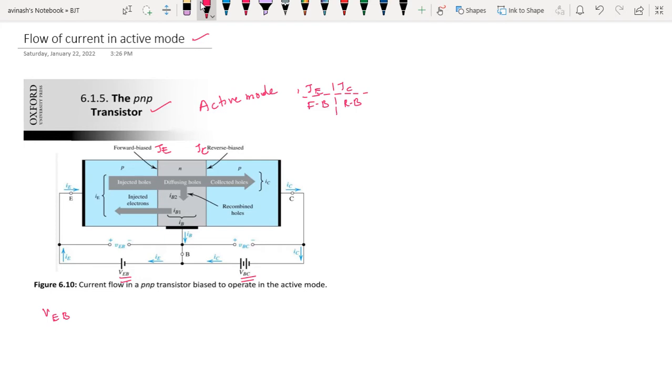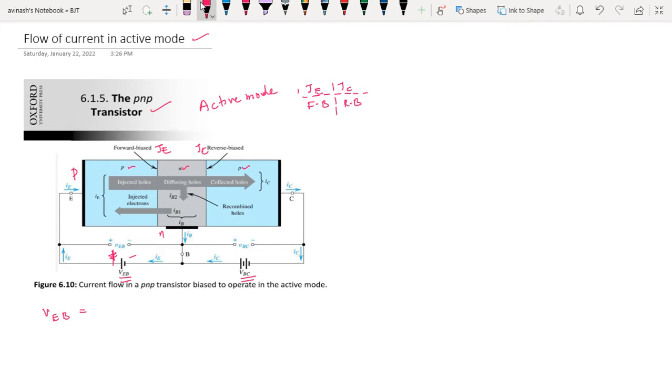Forward bias means the positive terminal of the battery should be connected to the P region. Since we are considering a PNP transistor, this P region should be connected to positive and this N region should be connected to negative. Then this VEB is in forward bias.